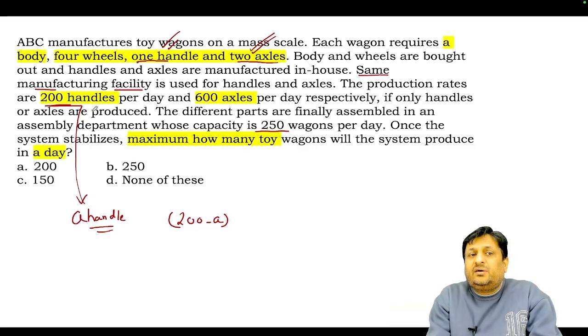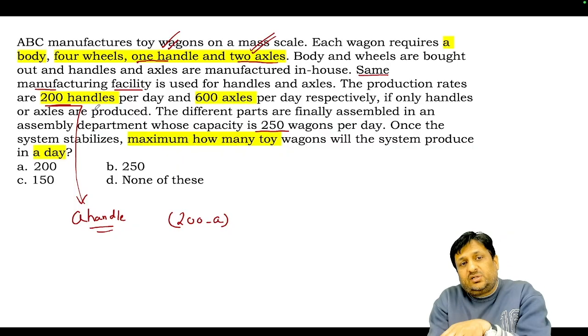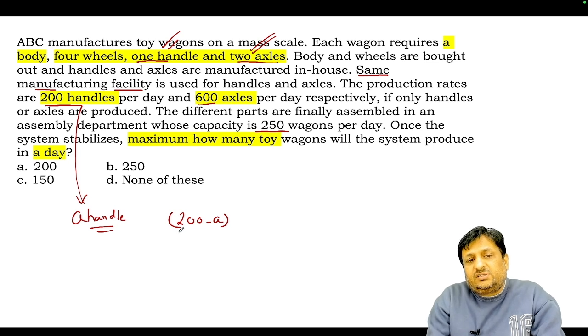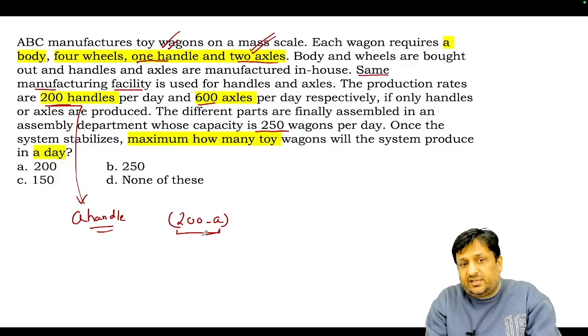For the time required for every handle, I can produce 3 axles because 600 is thrice of 200. So in this remaining time in which I have not produced 200 minus A handles, I can produce thrice that many axles, isn't it?